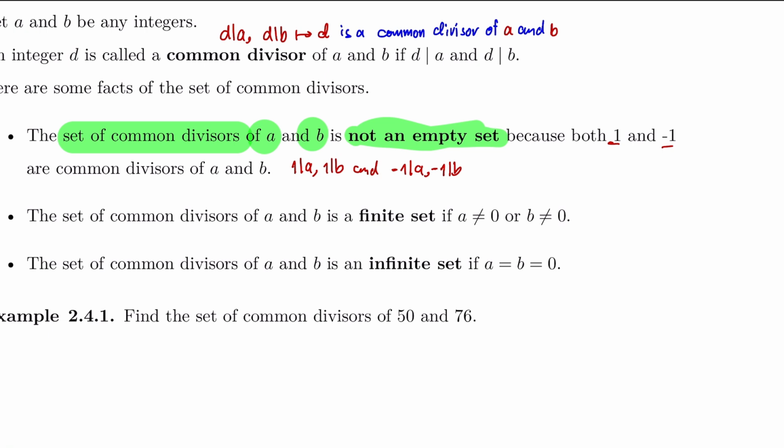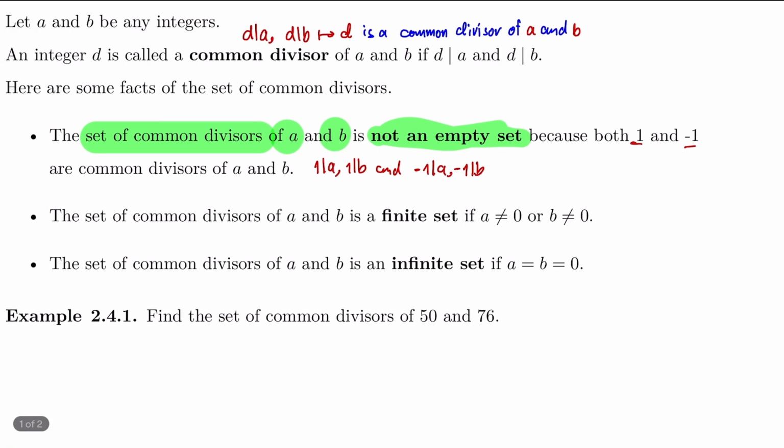The second one: the set of common divisors of a and b is going to be finite if a is not 0 or b is not 0.